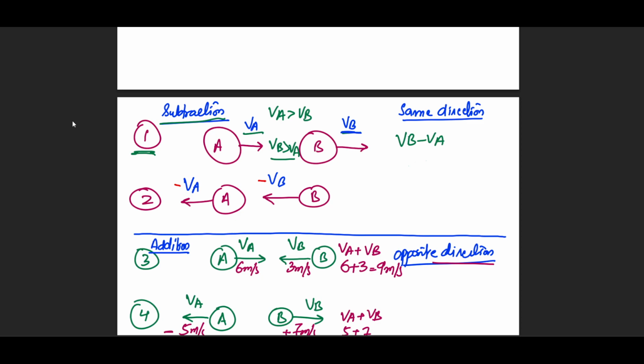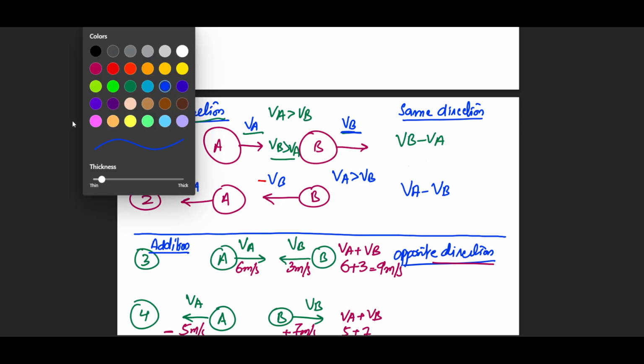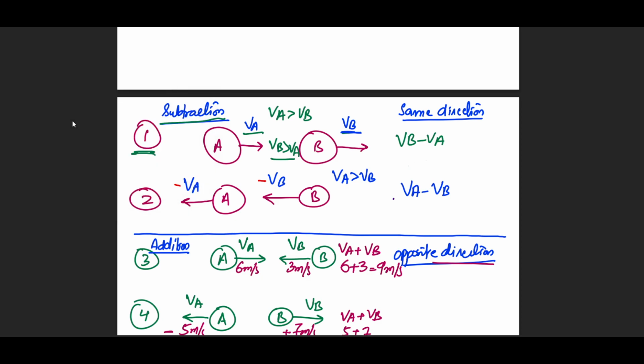Similarly, in the second case, we must understand that VA should be greater than VB to avoid sticking together or a second collision after a collision, right? So this will simply become VA minus VB. So what students generally memorize is that the object that is leading upon separation, in the same direction, minus the object that is lagging behind, right?